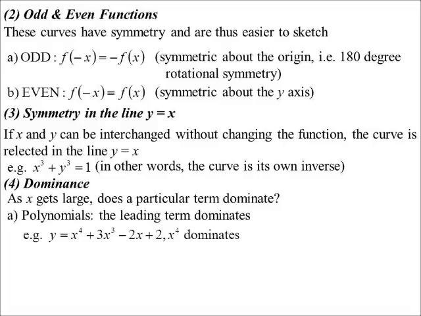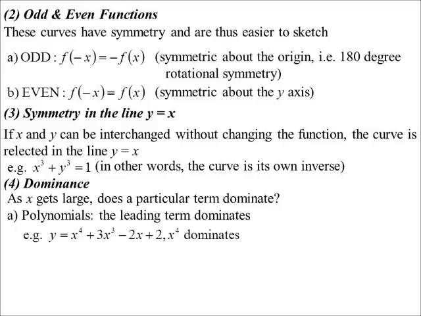Now, if you're in a polynomial, the leading term will always dominate. That's why, when we were sketching polynomials, we said the first term, the highest power, is where the curve will start and finish. Remember that idea? Well, that's because of this. The leading term dominates because it's to the highest power.